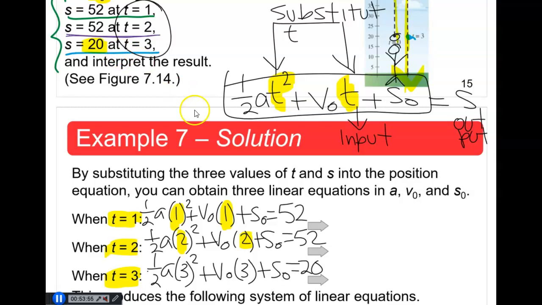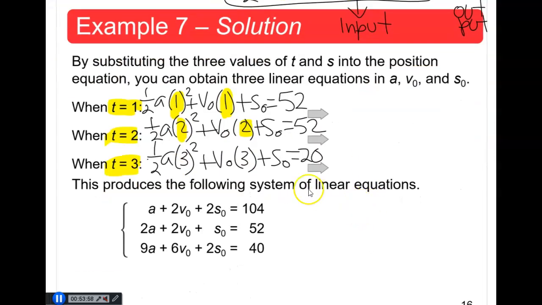Now what I'm going to do is reduce or simplify the system. So first here, 1 squared is just a 1. So 1 times 1/2 will just remain as 1/2. So 1/2 of A plus, we have V sub 0 times 1, so that will just be V sub 0, and then we will have plus S sub 0 equals 52.